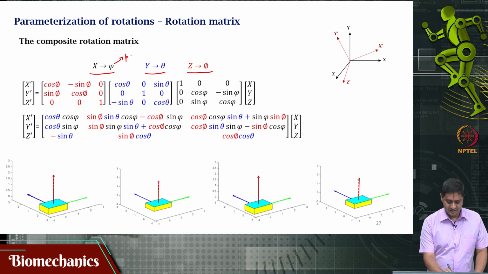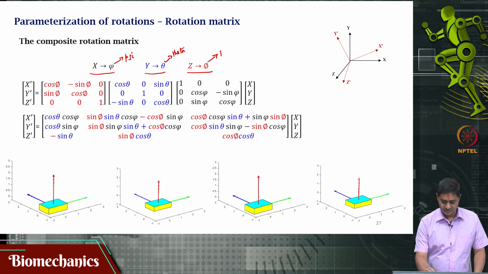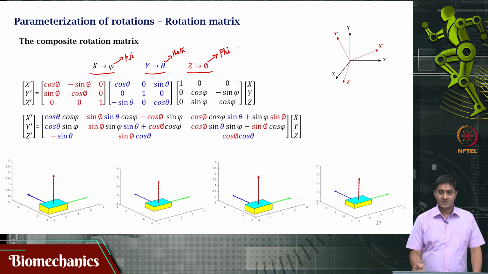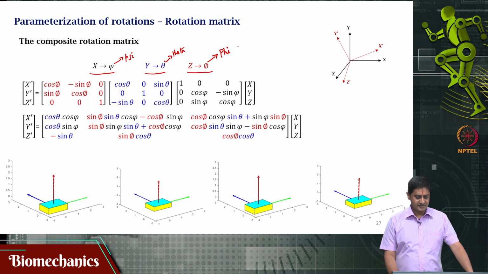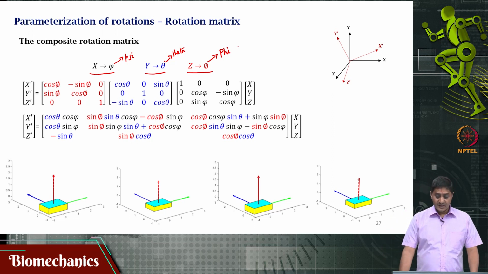For clarity, that is psi, that is theta, and that is phi. Just writing this for clarity. And let us say that the rotation is happening in the order x, y, z.